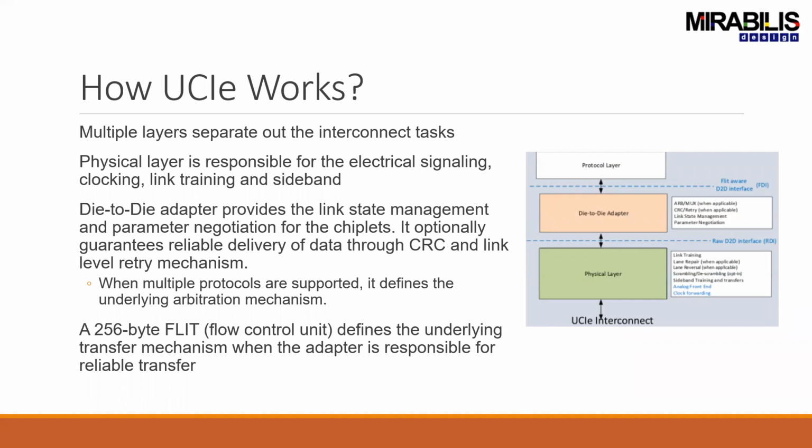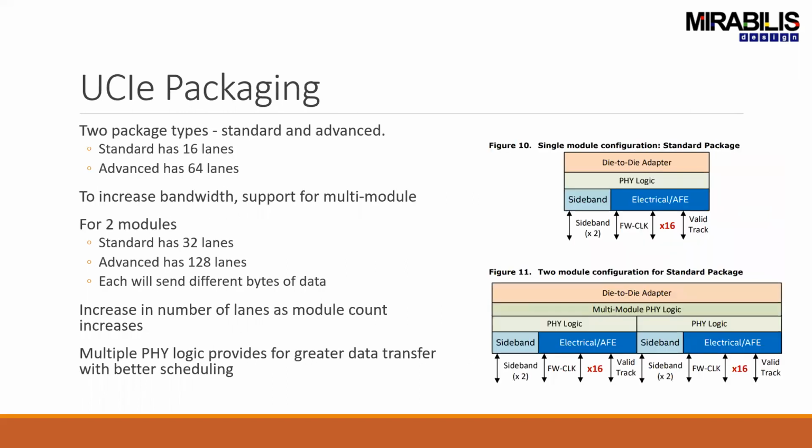In this case, you can use, say, a 256-byte FLIT. There are flow control units, so this is an important consideration. Flow control defines what the underlying transfer mechanism is and who's responsible for the reliable transfer. As you can see, these different layers play a major role in ensuring the reliability of the system, but also at the same time maximizing the bandwidth available.